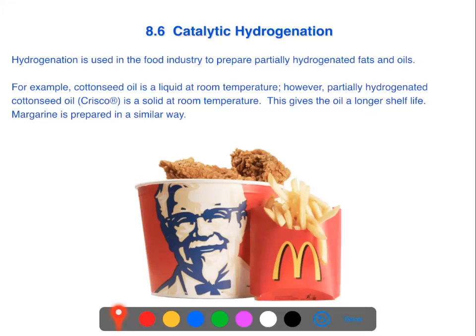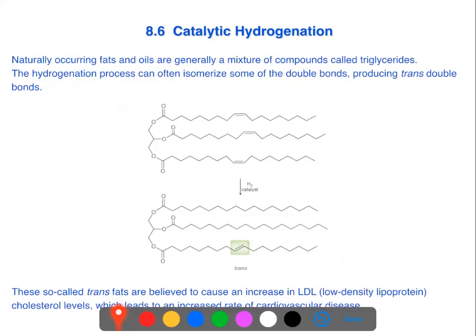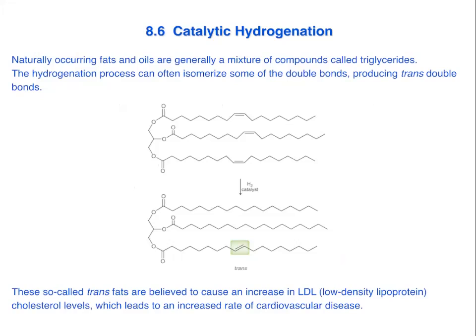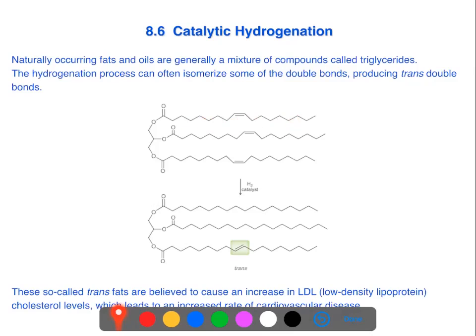But as you know, there also have been issues with the use of partially hydrogenated foods or processes in the production of foods. And the primary issue has been the formation of trans fats. So as you can see in this figure, naturally occurring fats and oils are generally a mixture of compounds referred to as triglycerides. And that's given by the fact that you have these 3 alkenyl chains.